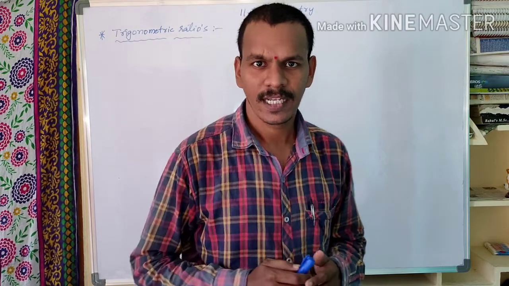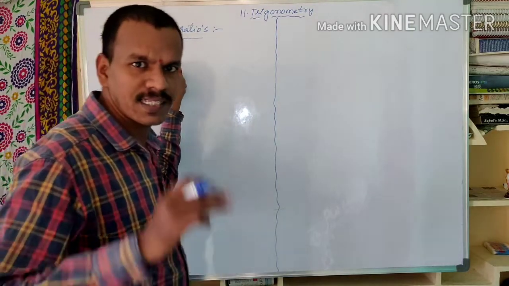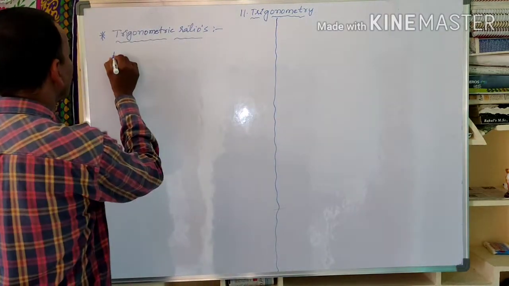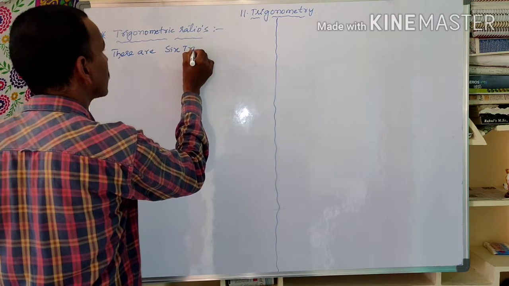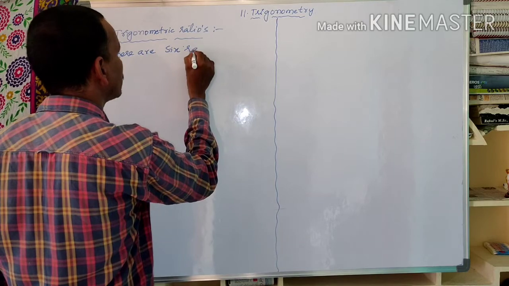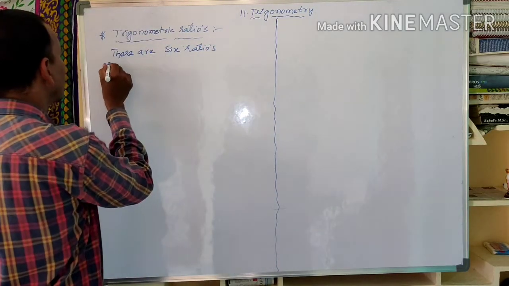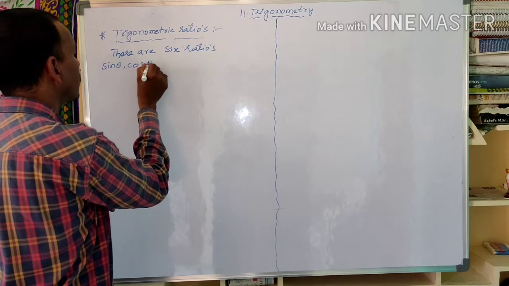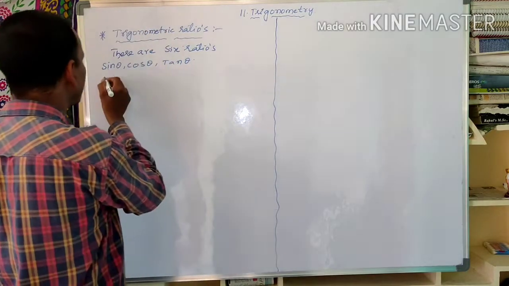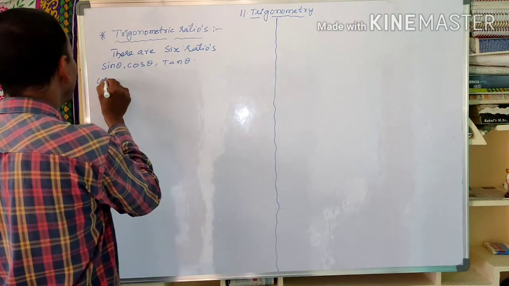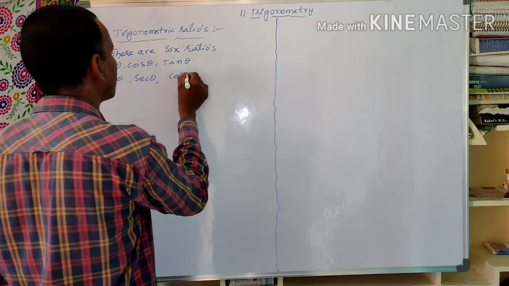Now, trigonometric ratios. There are 6 trigonometric ratios, which are sin theta, cos theta, tan theta, and the remaining 3 are reciprocals: cosec theta, sec theta and cot theta.